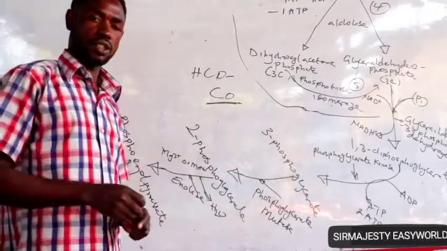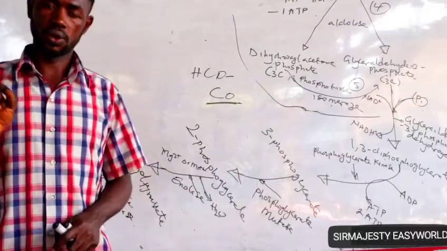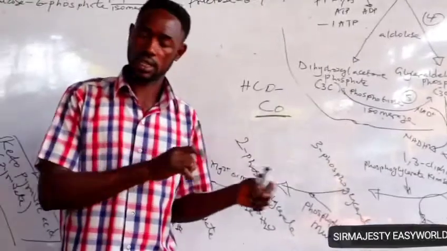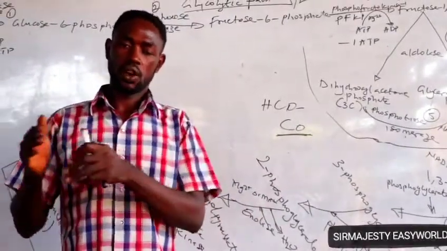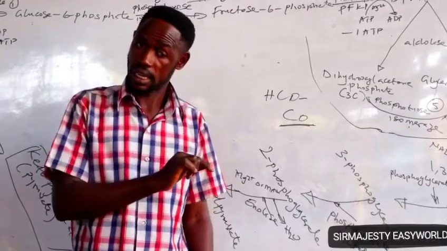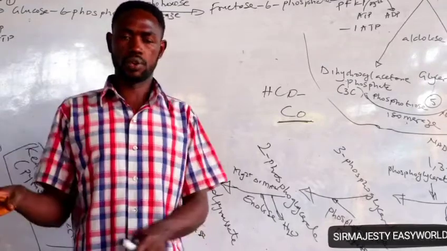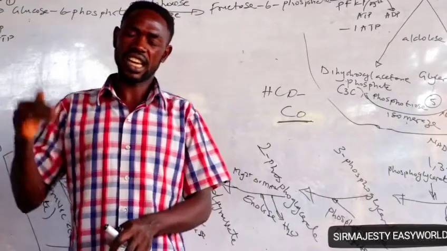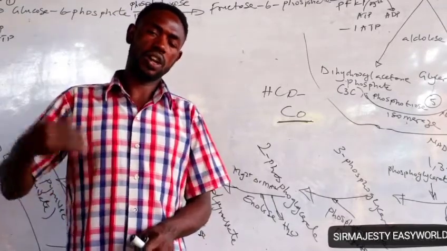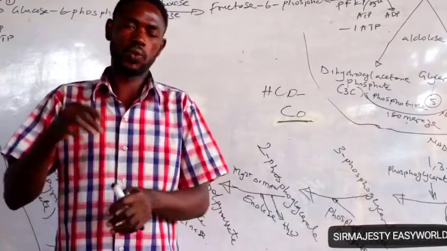So the 3 isomerization reactions that are involved in the glycolytic pathway are 1, conversion of glucose phosphate to fructose phosphate. Then number 2 is the conversion of dihydroxyacetone phosphate to glyceraldehyde triphosphate. These 2 isomerizations involve changing of functional group. Then the third isomerization is occurring in the energy yielding stage, which is changing of 3-phosphoglycerate to 2-phosphoglycerate.